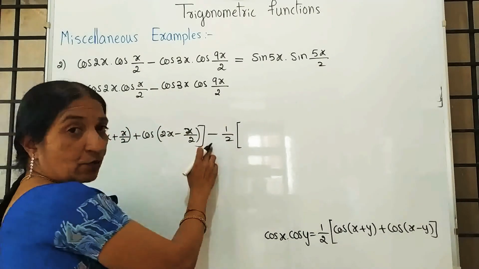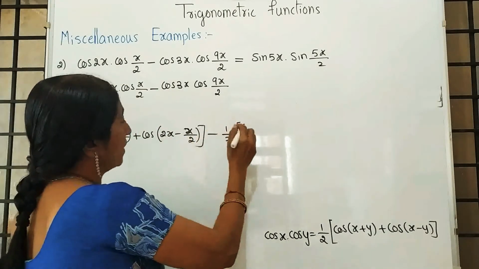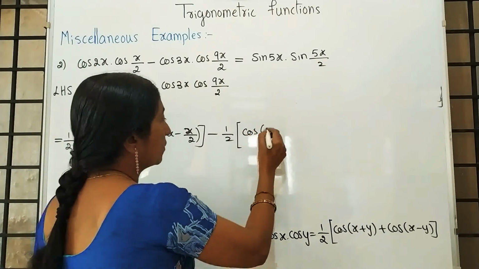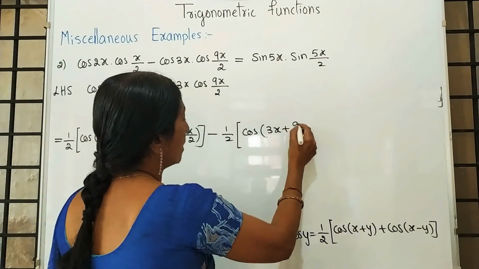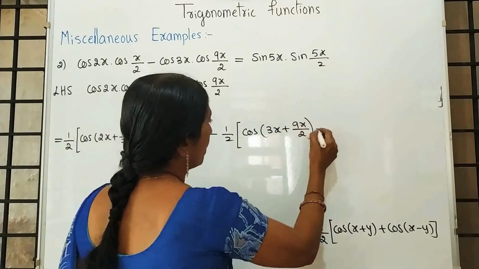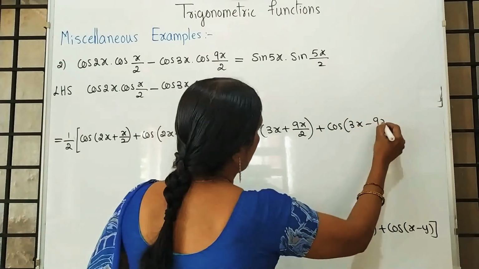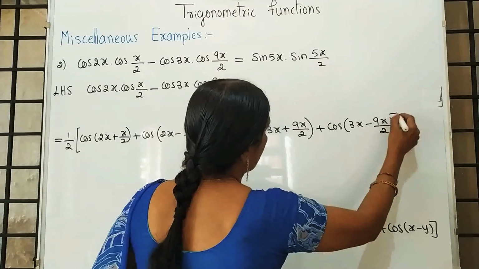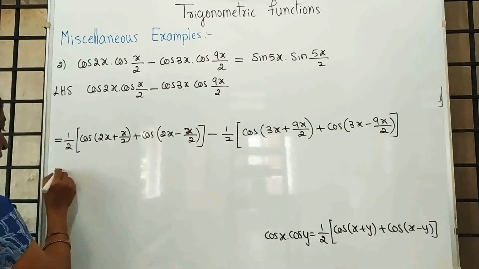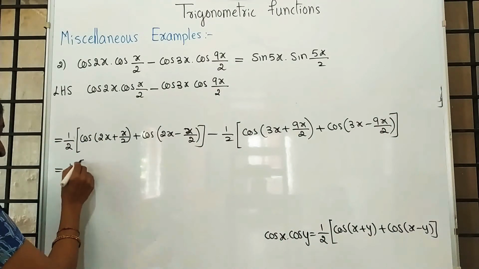Because of the negative I wrote it here outside: minus cos(3x + 9x/2) plus cos(3x - 9x/2). Now half is common outside.